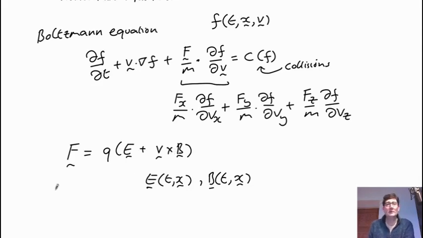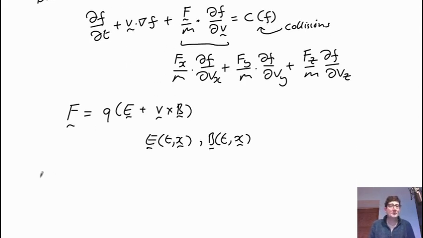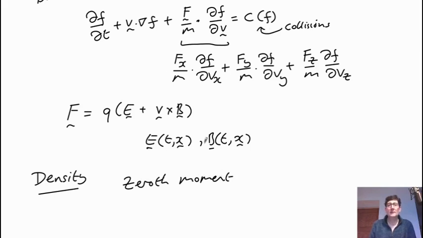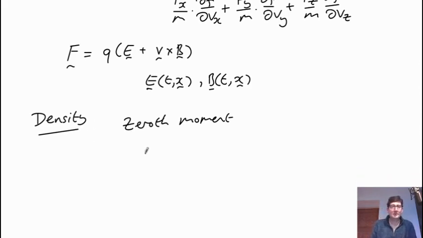And so for fluid equations, we can take moments of this equation. The first moment is of course the density, and this is the 0th moment of this Boltzmann equation, because we're integrating while multiplying by v to the power 0, so just multiplying by 1. And we have the density, some function of time and space.